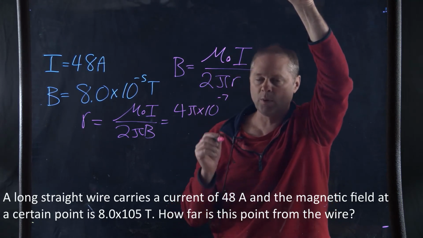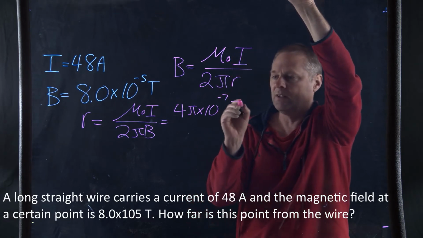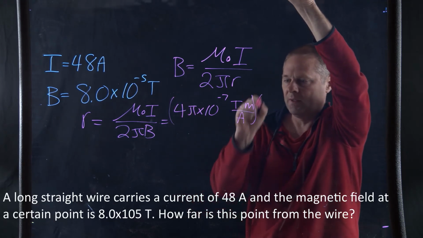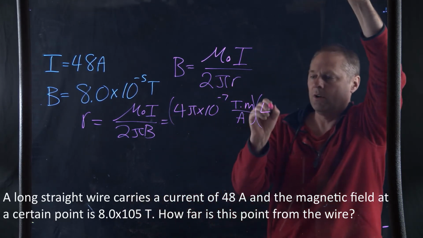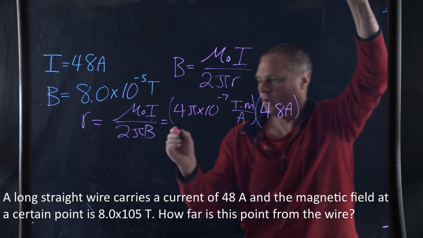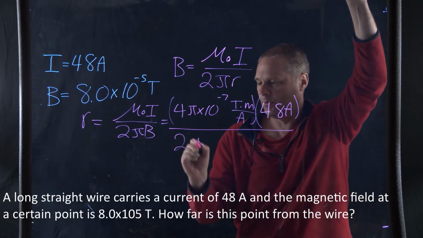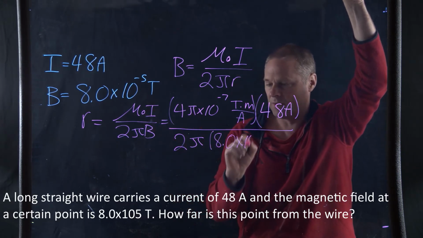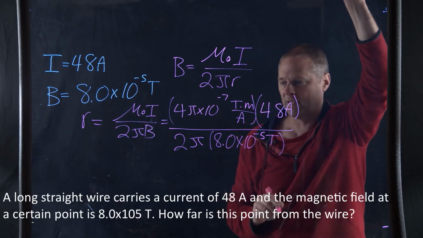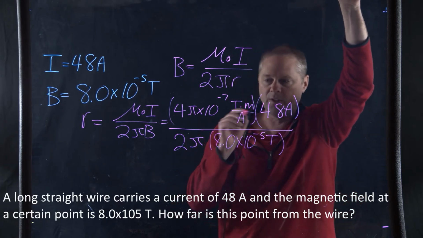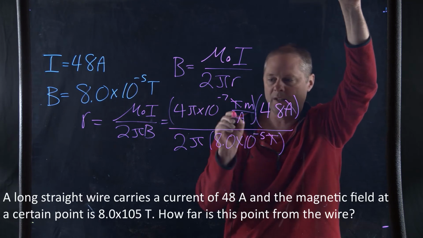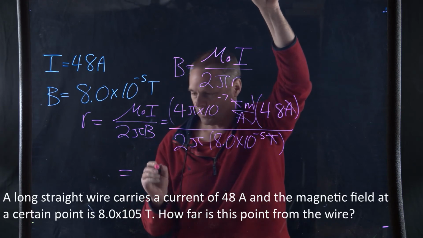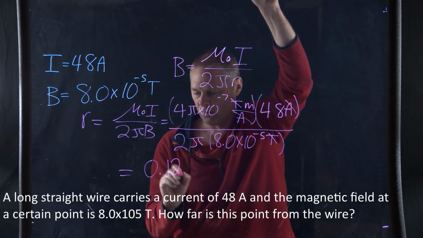That's going to be mu naught, the permeability of free space, T times m divided by A, times our current, which is 48 amps, all upon twice pi times B, which is 8.0 times 10 to the negative fifth of a Tesla. And so you can see the units how it cancels. Tesla will cancel with a Tesla, amp will cancel with an amp, and we're going to be left in units of meters. We go through and do this arithmetic, and we find out it's going to be equal to 0.12 meter.